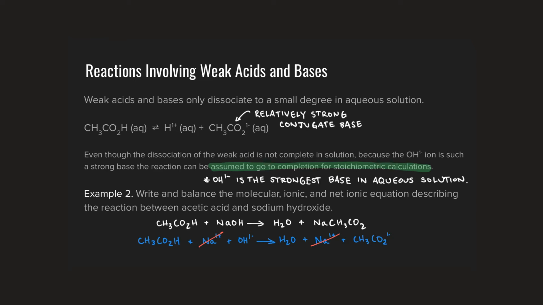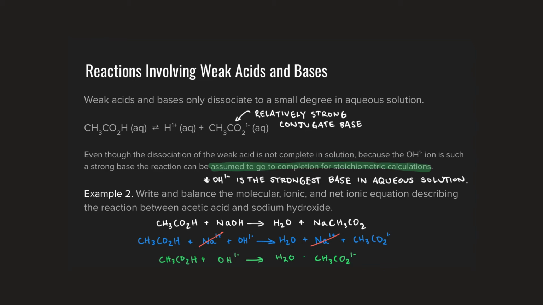And as such, I'm going to go ahead and cancel that out as a spectator ion on both sides, which yields now my net ionic equation of acetic acid, CH3CO2H, my molecular species, plus the hydroxide ion, OH negative, forms the acetate anion, that is CH3CO2 negative, plus the water H2O.